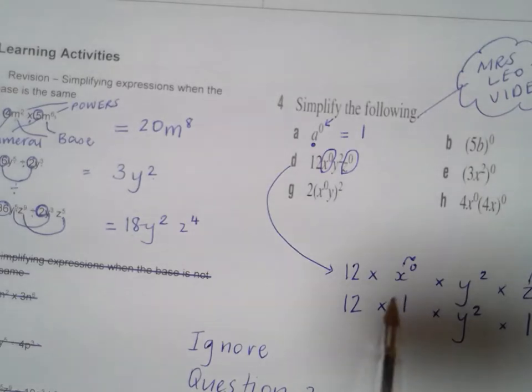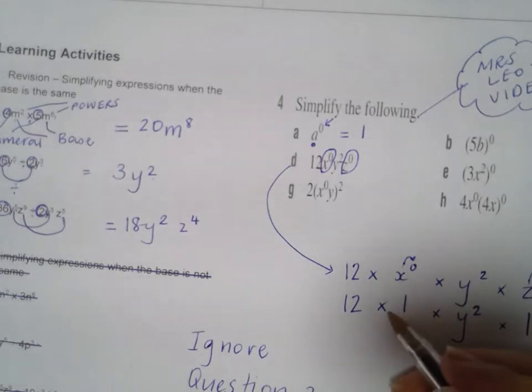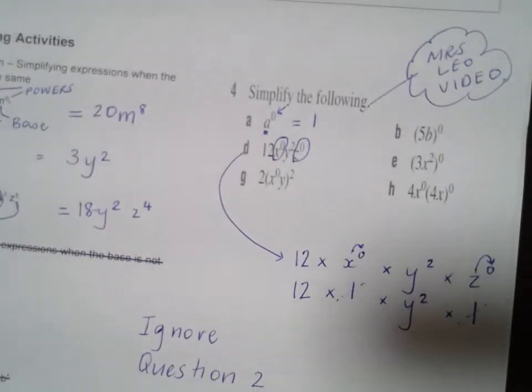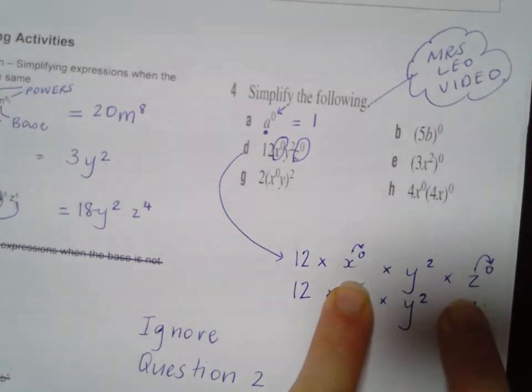So hopefully now you can see that you can basically ignore these ones because anything multiplied by 1 isn't going to make a difference. Multiplying by 1 isn't going to change anything. So now you can basically disregard those two parts of the expression.